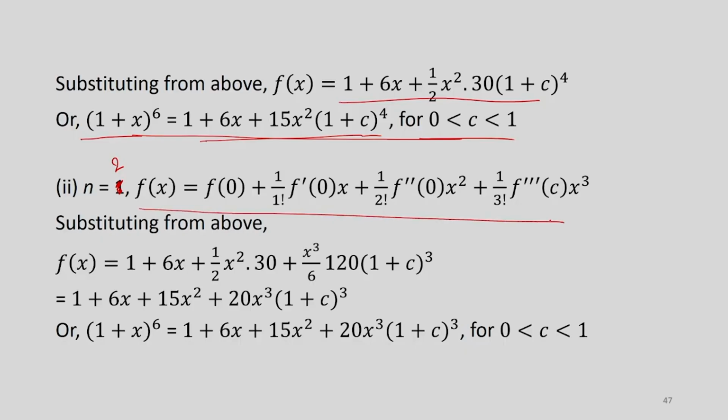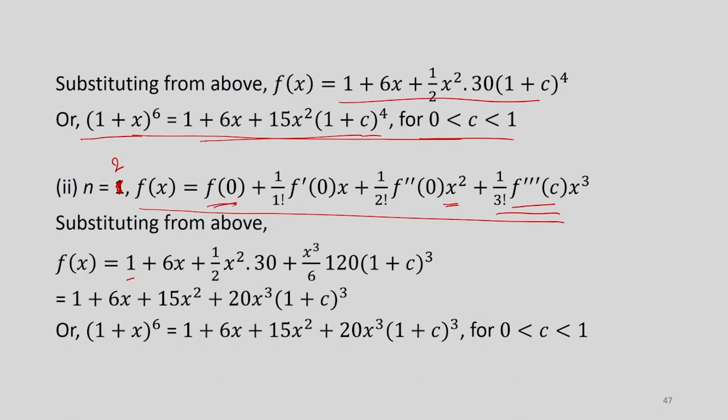So, fx is equal to f of 0 plus 1 divided by factorial 1 multiplied by f dash of 0 multiplied by x plus 1 divided by factorial 2 f double dash of 0 multiplied by x square. That stops the terms of this nature, and then you have the remainder term, correction term, plus 1 divided by factorial 3 multiplied by the third derivative of f evaluated at c, multiplied by x cube. And all these values are known to us.